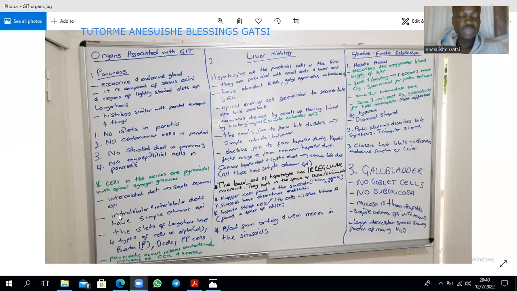Then the intercalated duct actually has the ability to add bicarbonate and water to the exocrine secretion of the pancreas. Then for you to be able to secrete these pancreatic contents, remember we said you'll be under hormonal influence as well as neural influence, and the hormones particularly are going to be secretin and CCK.